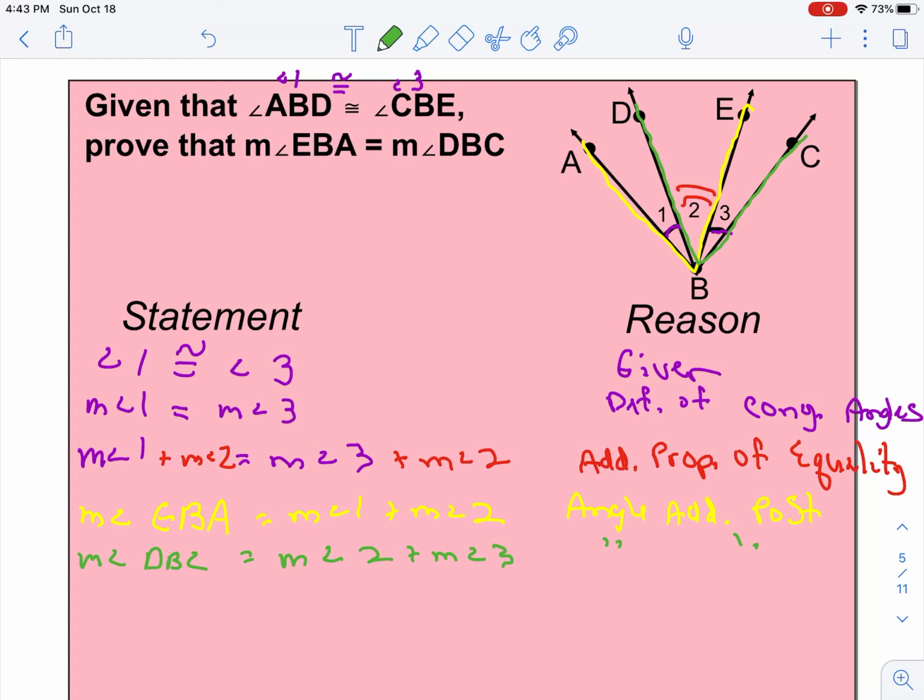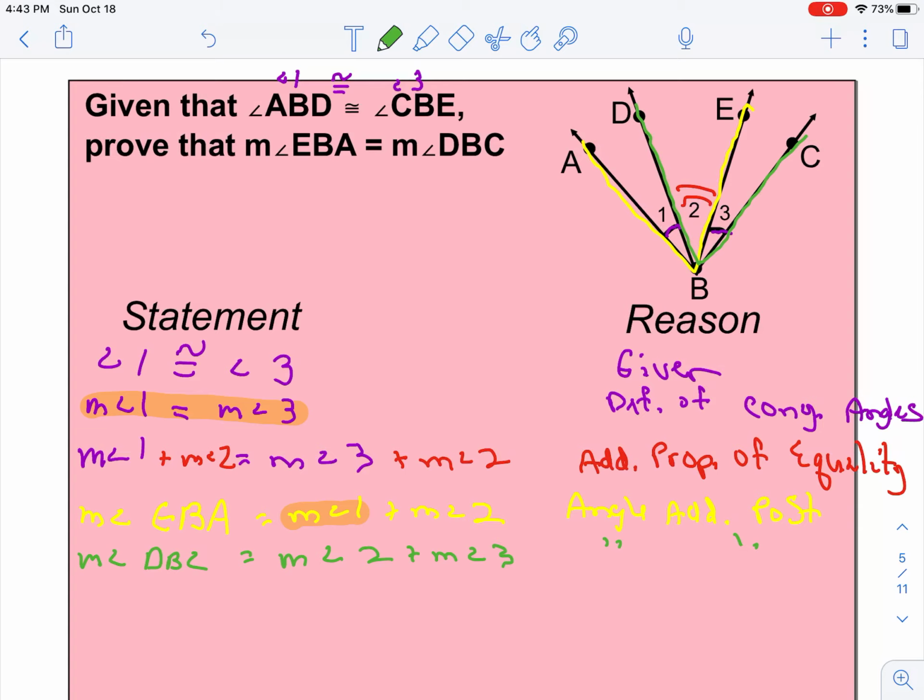So now, again, using substitution, since 1 and 3 are the same, we could substitute in 1 for 3. So I'll go here and highlight, since we know that the measure of angle 1 is equal to the measure of angle 3, we could put in here, for this 1, we could put the 3.